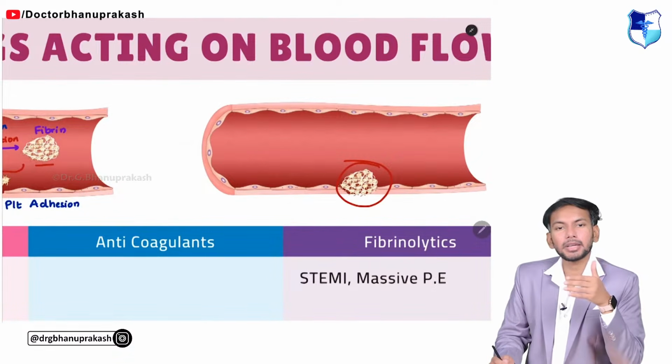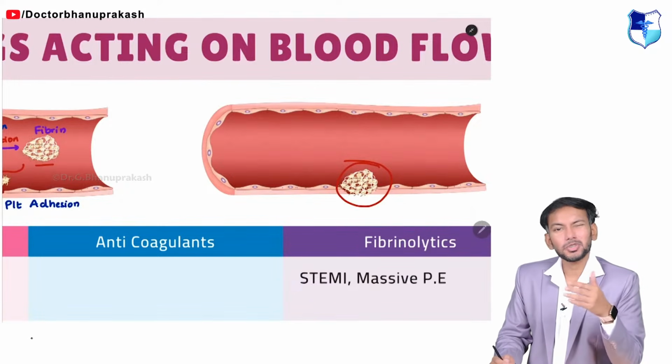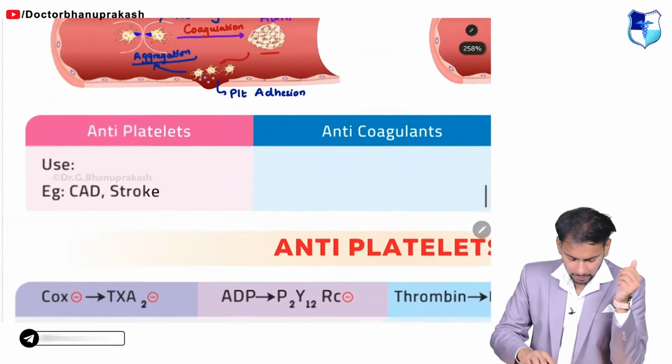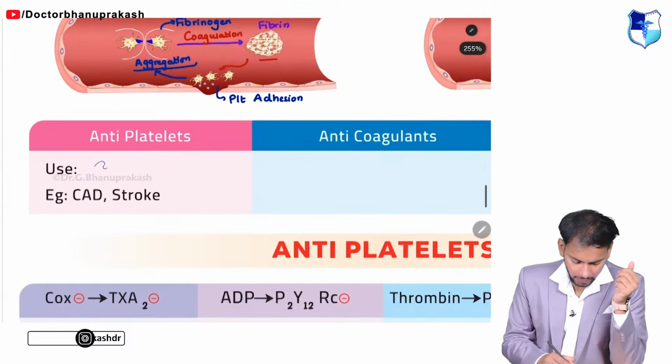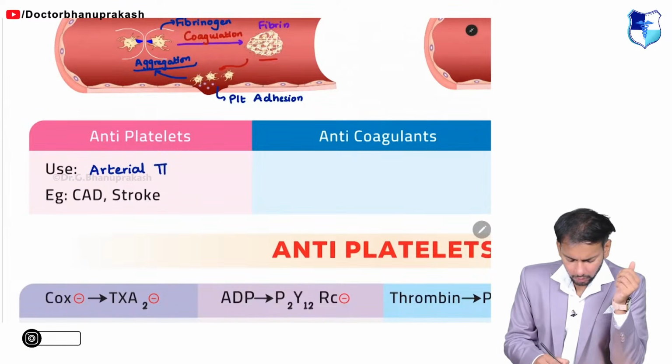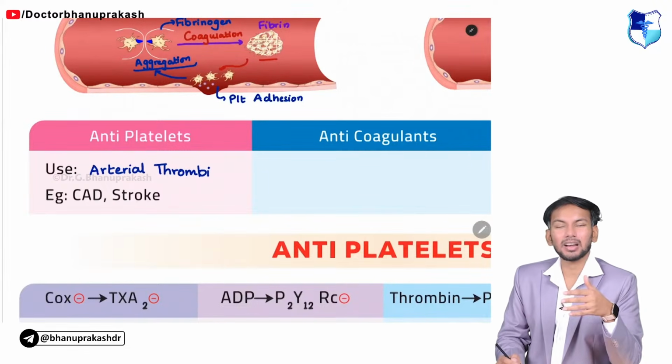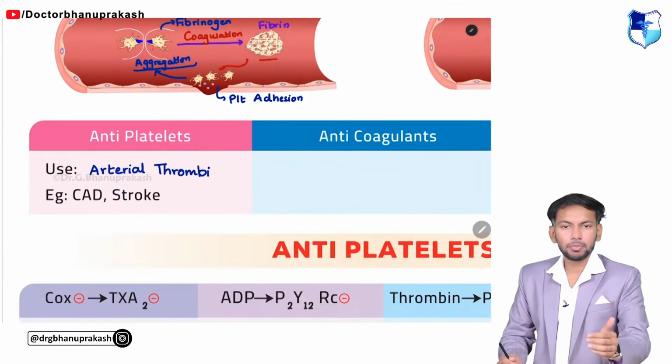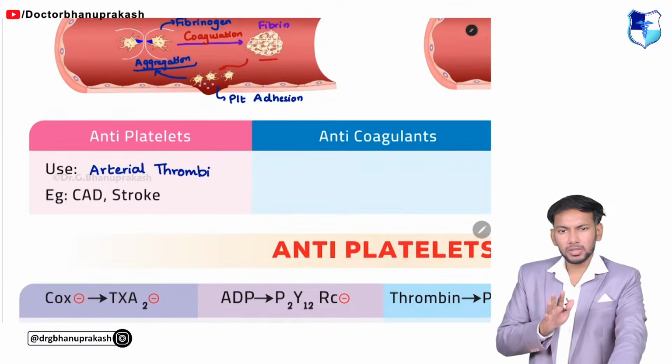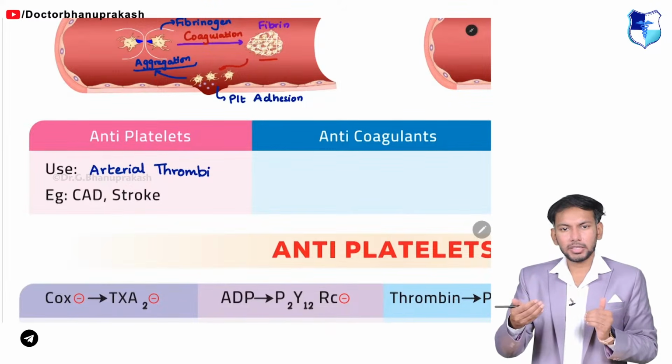Now, how many types of thrombi do you know based on the location? You will have something known as arterial thrombi. Arterial thrombi means the thrombus is present in the artery. If it is present in the artery, the thrombus is mostly made up of platelets. So, will you use the drugs acting on the platelet or coagulation path?